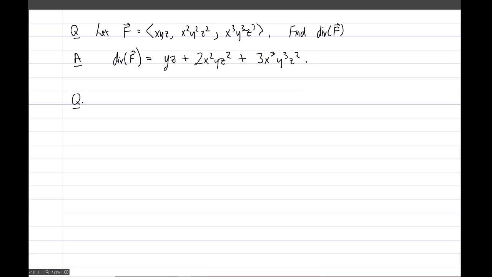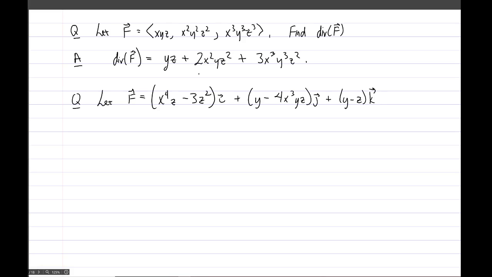Let's try another one. Let F be the following vector field. We'll just use different notation here. How about x to the fourth z minus 3z squared, times the vector i, plus quantity y minus 4x cubed yz times the vector j, plus quantity y minus z times the vector k.